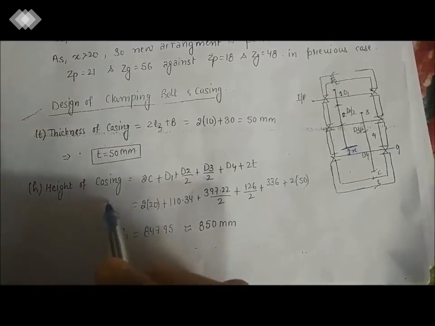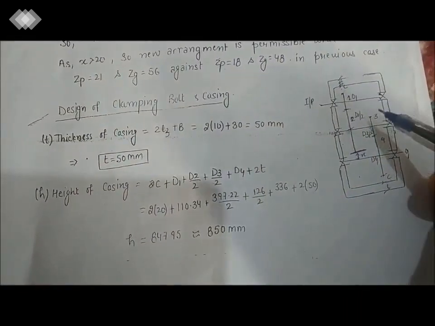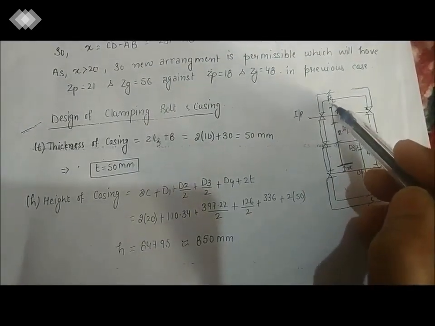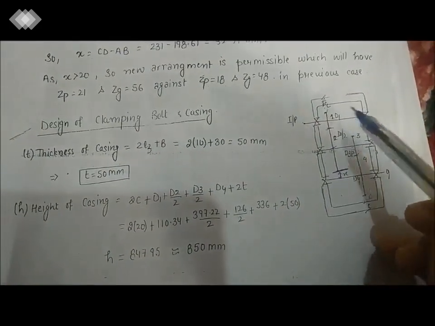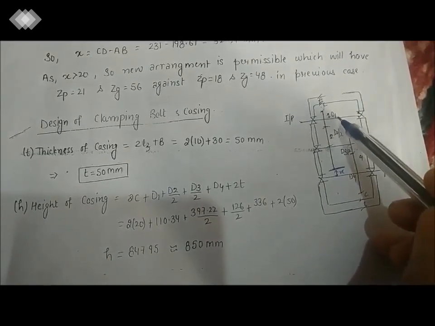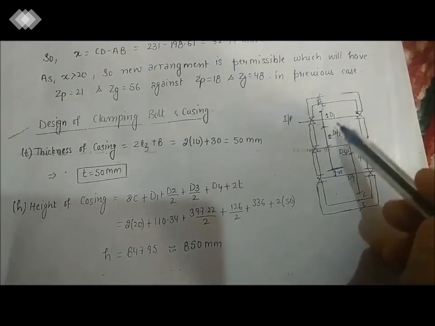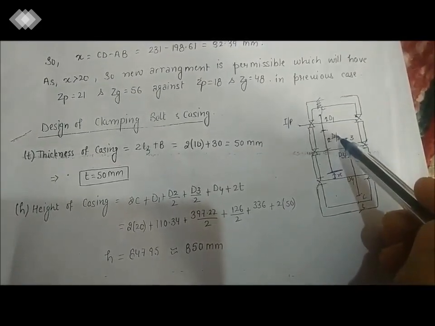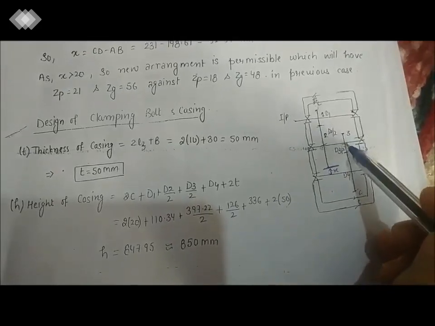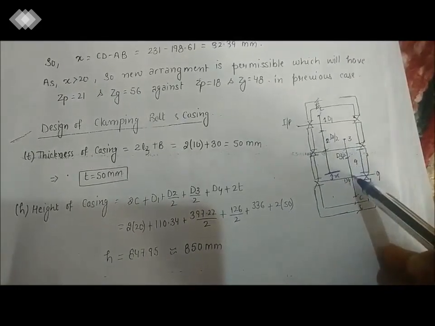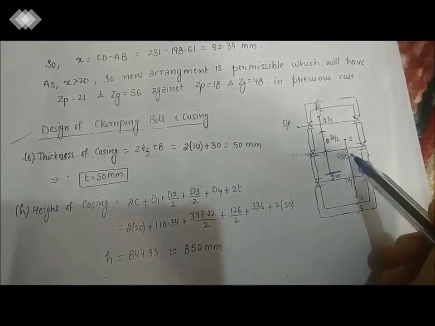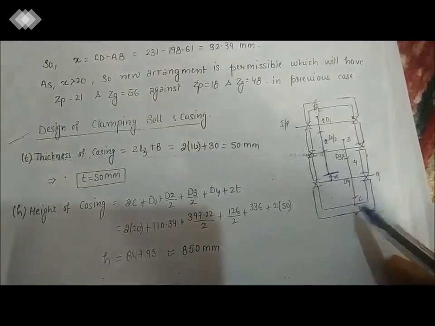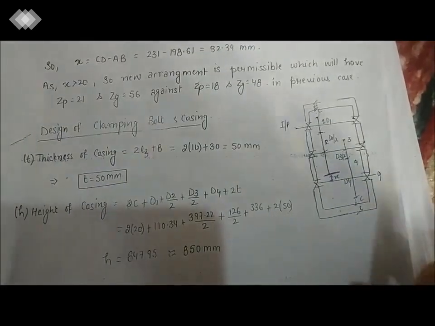The next parameter is the height of the casing. We can calculate the height of the casing in this way. Let us consider the gap as C, then D1, then D2 by 2, then D3 by 2, then D4, and then C. So we get the height of the casing.